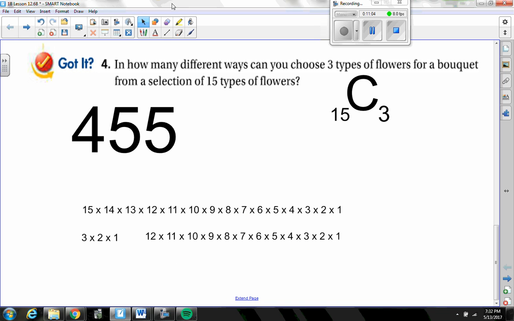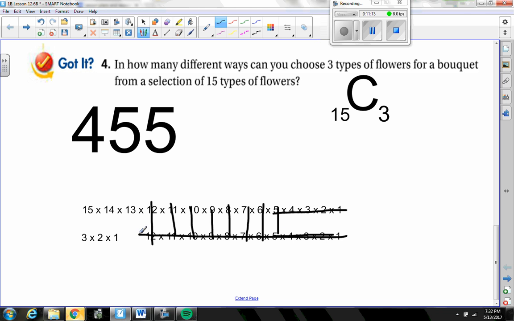And we know that all of these go away. And all I have left is 15 times 14 times 13 divided by 3 times 2 times 1. When we multiply those together and divide, we get 455.